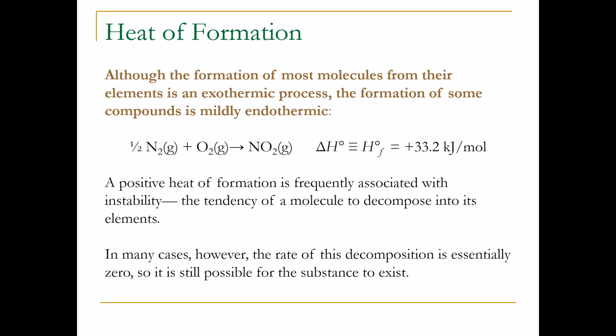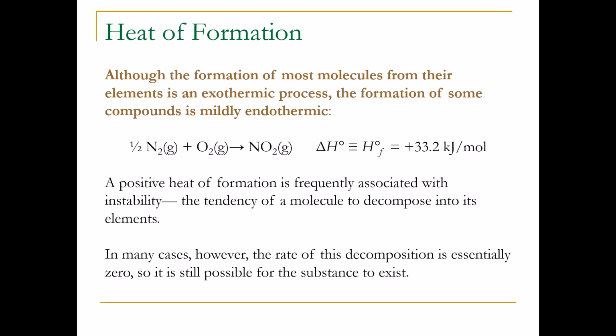Alright, last idea about heat of formation. You may have noticed on those tables and when we were doing our calculations, majority of the heat of formation values are negative. Alright, so when we put atoms together to create bonds, usually energy is lost. Okay, so most of the time when we're forming new bonds, it's an exothermic process.